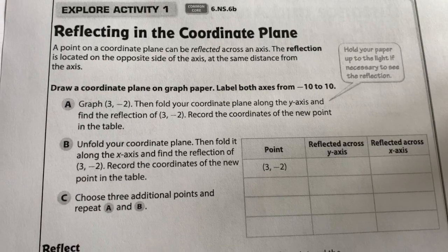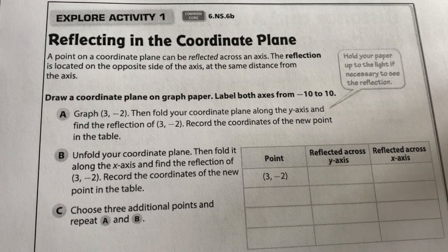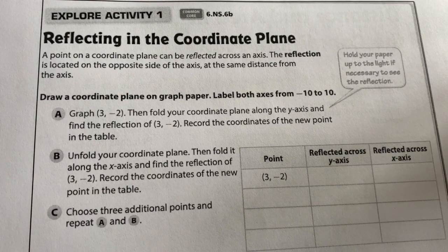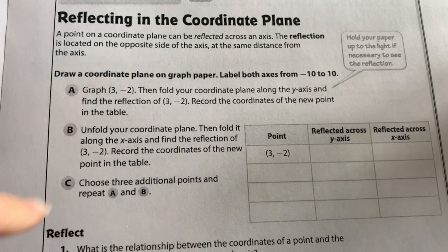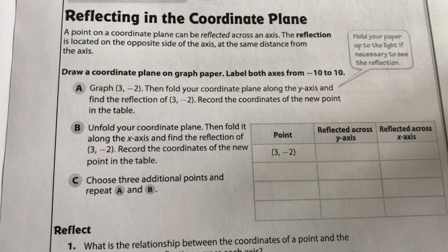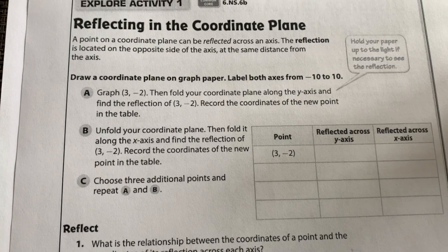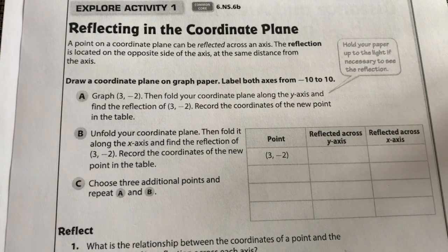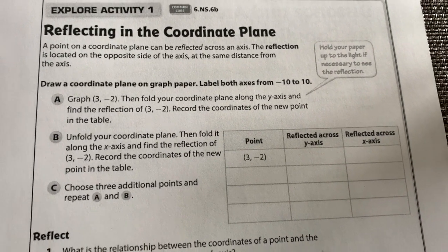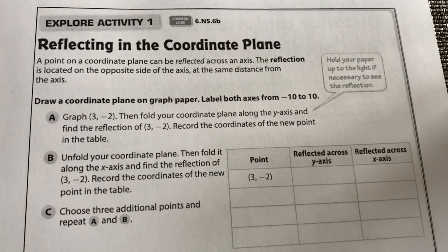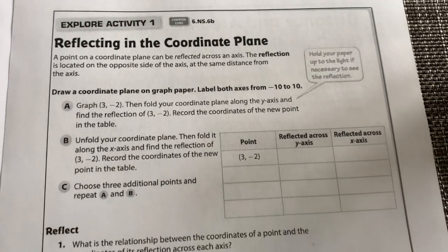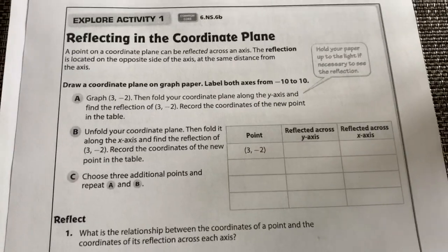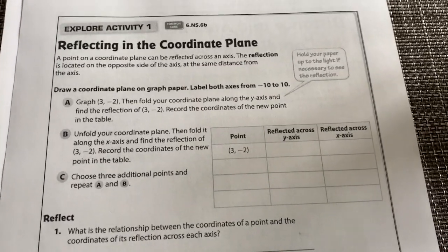If you have some graph paper at home, you're going to draw the point, and then follow the directions where you're folding and use the reflection using light to draw the reflected point. I did this in class with the 6th grade last year, and it was pretty successful. So if you want to give it a shot, go ahead. I'd love to see pictures.